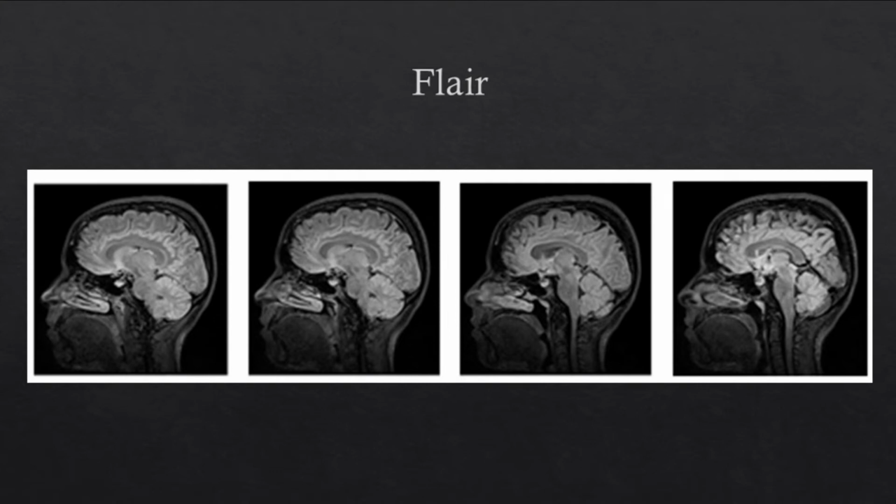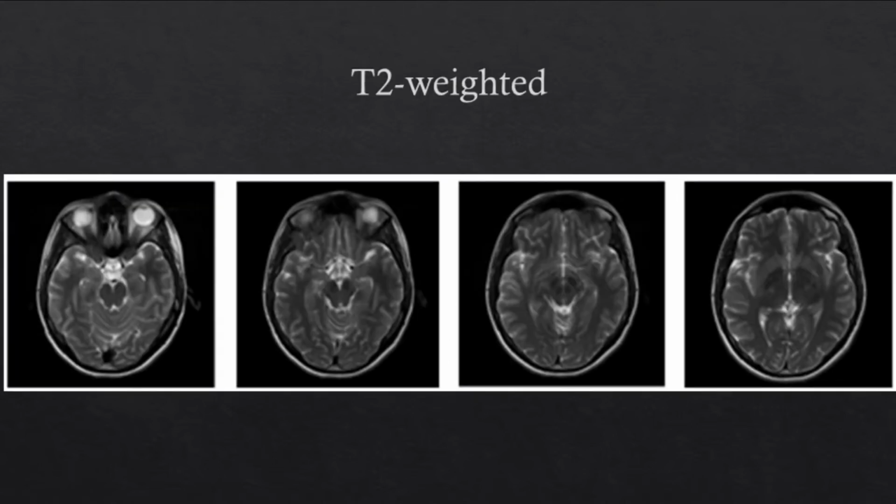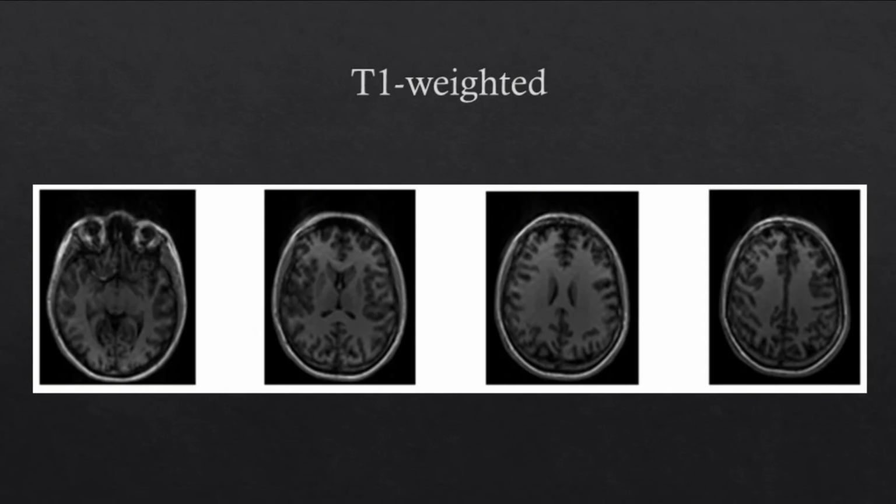Here you can see brain images that we got. FLAIR images first in sagittal mode. T2 images, you can see some blurry parts which have happened because of the movement of the head. T1 weighted images, same reason, some blurry parts, especially between the tissues, gray matter and white matter, because of the movement of the head.